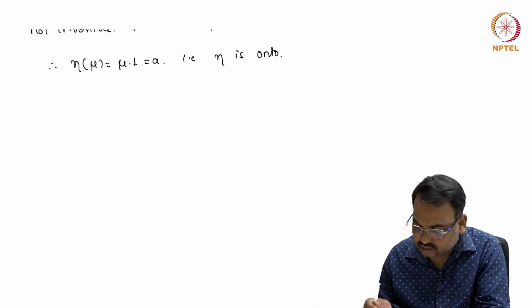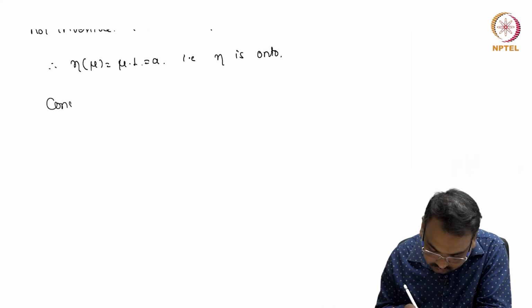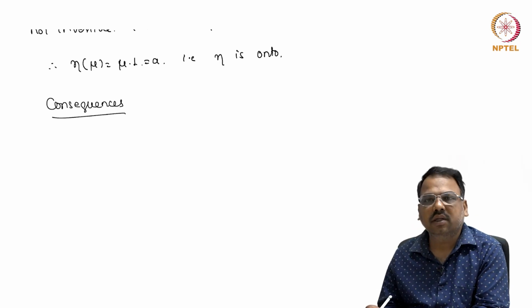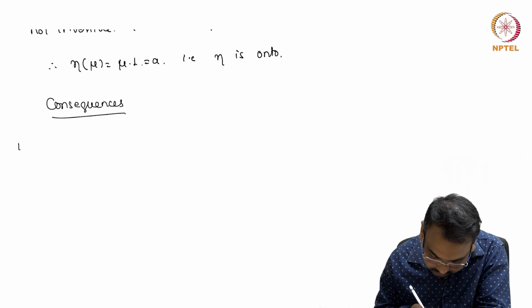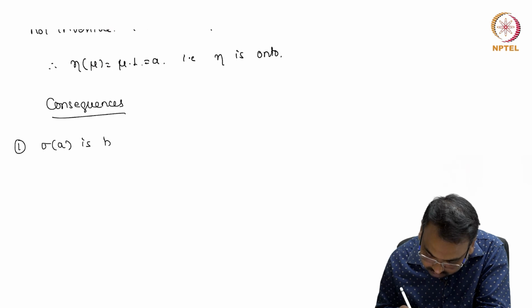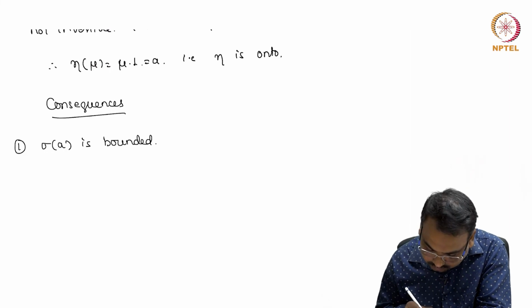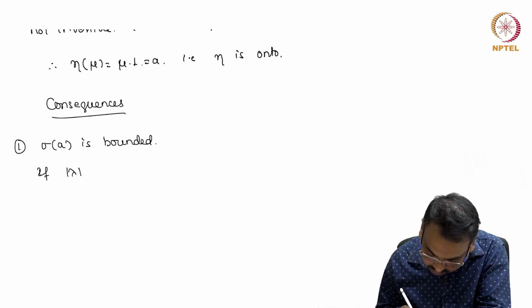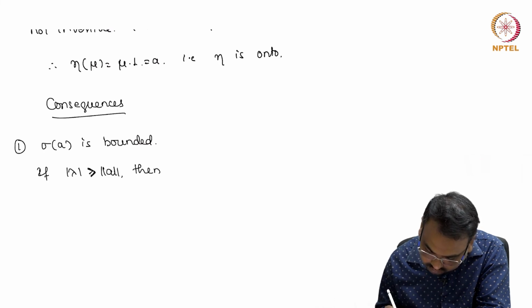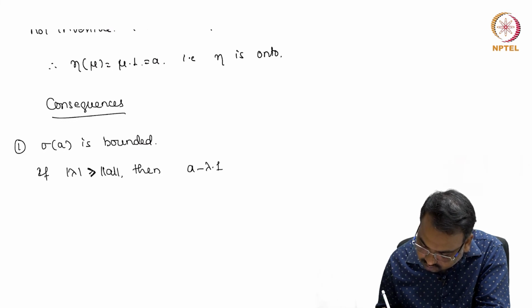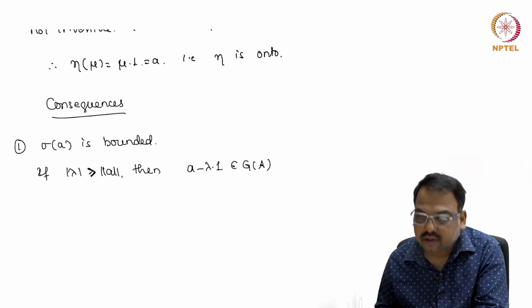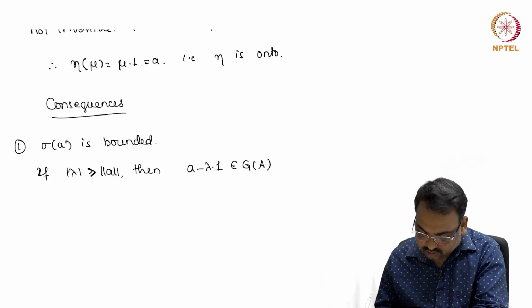Now let us look at some consequences of these results. We have shown that the spectrum is non-empty. First we want to show that the spectrum of A is bounded. If mod lambda is strictly bigger than norm A, then we know that A minus lambda times 1 is invertible. We have already proved this result.